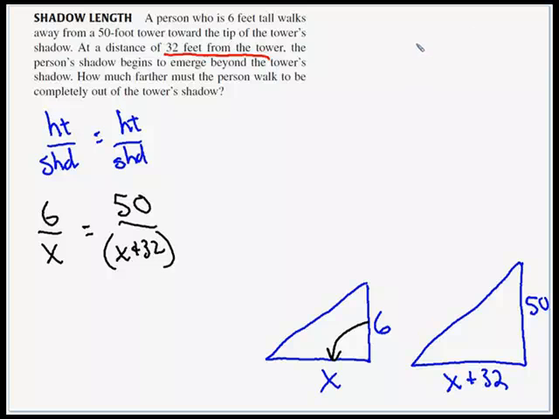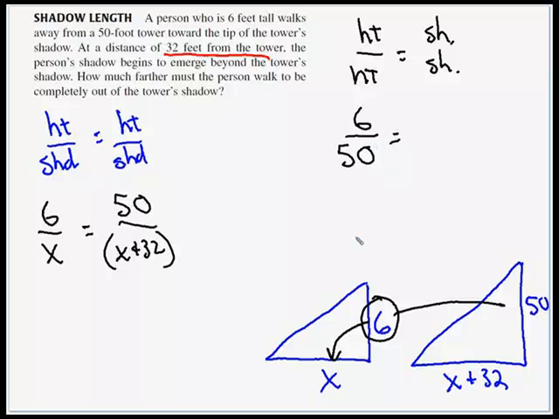Another way we could have done it would be height to height is equal to shadow to shadow. So here, let's do left to right. This height is 6 to 50. So 6 over 50 is equal to x over x plus 32.